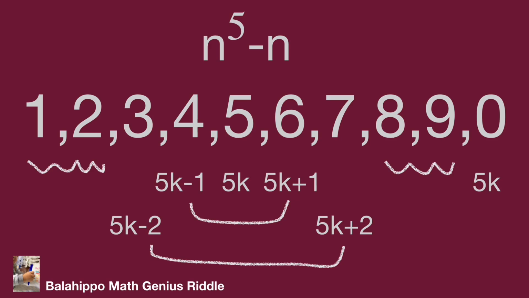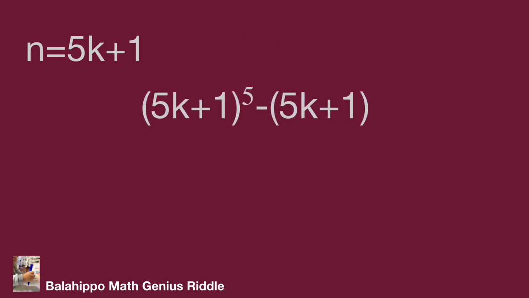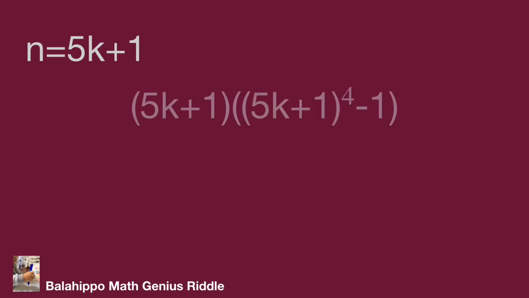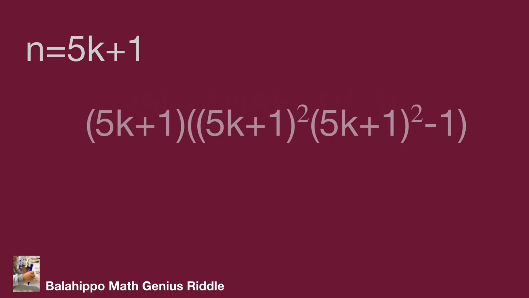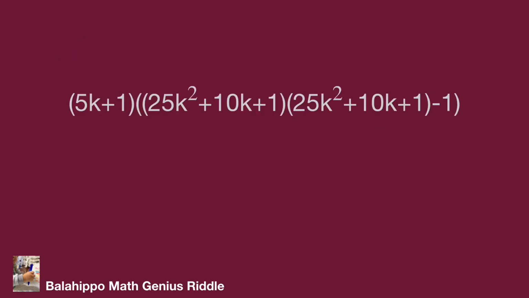Okay, while n equals 5k plus 1, substitute n into n to the power 5 minus n, factorize as (5k plus 1) times bracket (5k plus 1) to the power 4 minus 1 bracket. (5k plus 1) to the power 4 equals (5k plus 1) squared times (5k plus 1) squared. Develop (5k plus 1) squared equals 25k squared plus 10k plus 1.